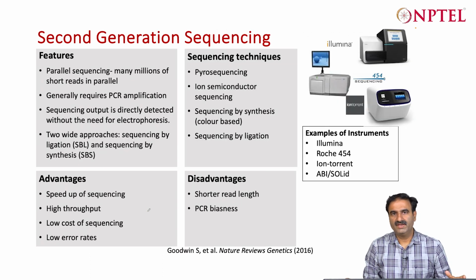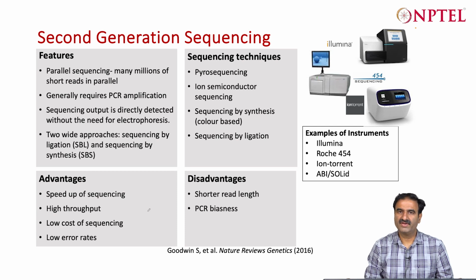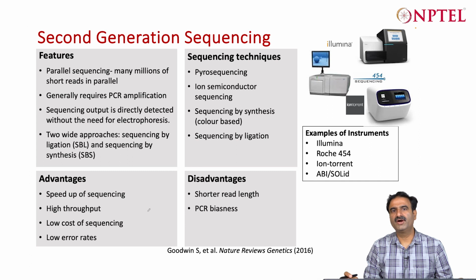The problem with the previous one was that it cannot be used for larger genomes, and that is why we have next generation sequencing, such as Illumina, Ion Torrent, and basically it started with Roche. The advantage is that it is massively parallel. It is not chain termination but sequencing by synthesis.